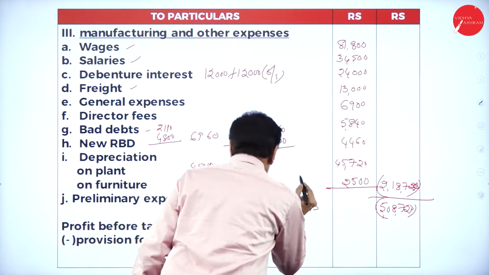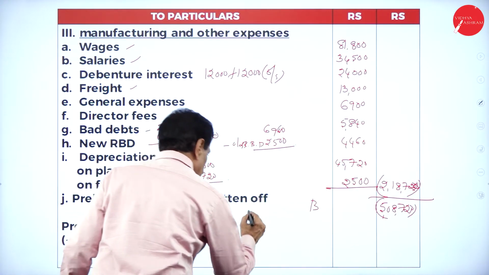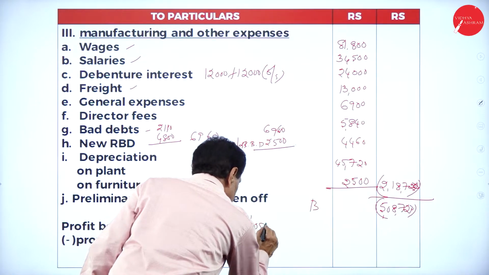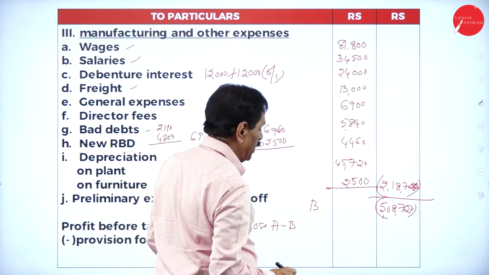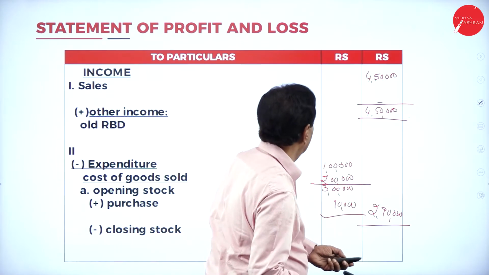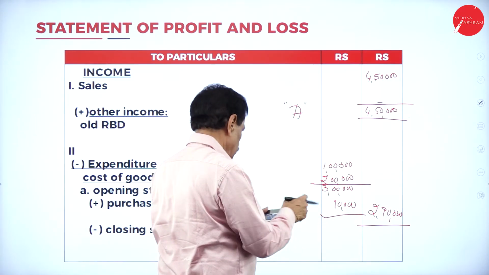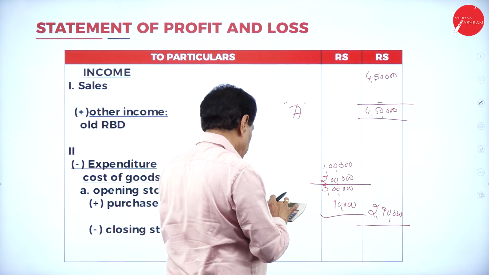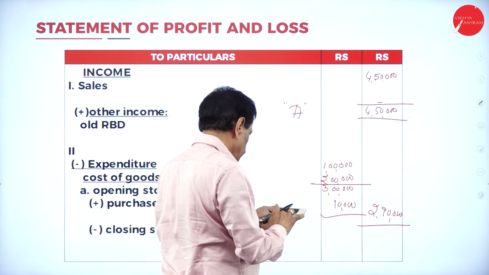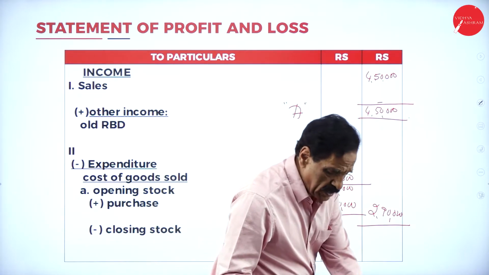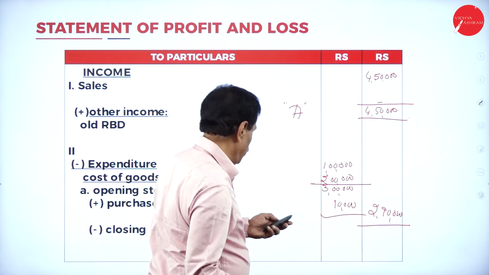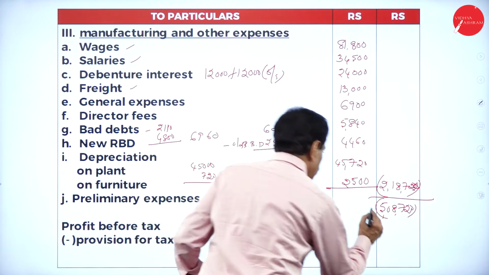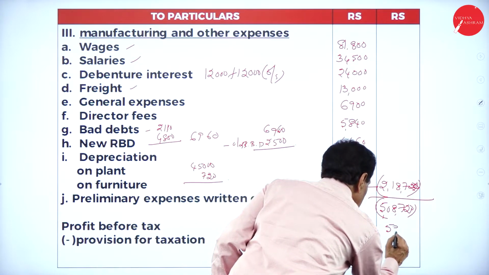B. Profit before tax. This is loss. A minus B. So 5,08,720 minus 4,50,000, 58,720. 58,720 is the loss.